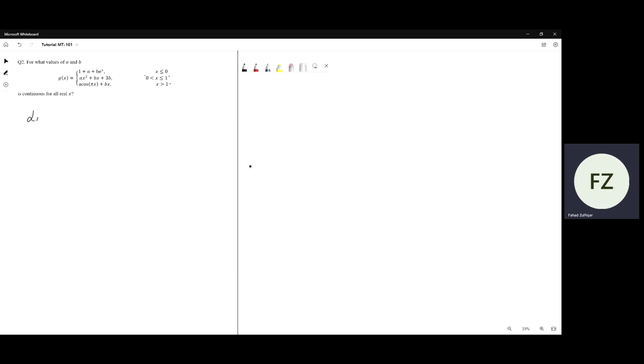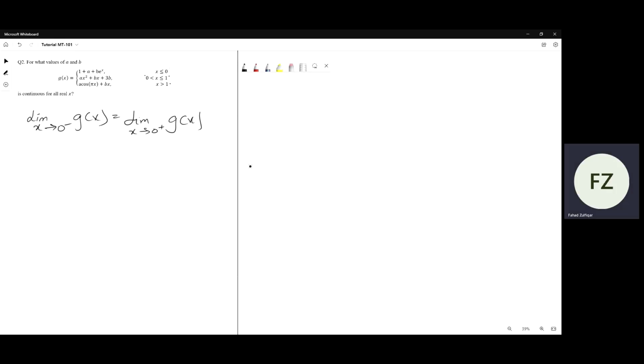So we'll start by checking the left and right-hand limits at the endpoint x equals 0. To do that, we have to make sure that the limit as x approaches 0 negative of g of x is equal to the limit as x approaches 0 positive of g of x.